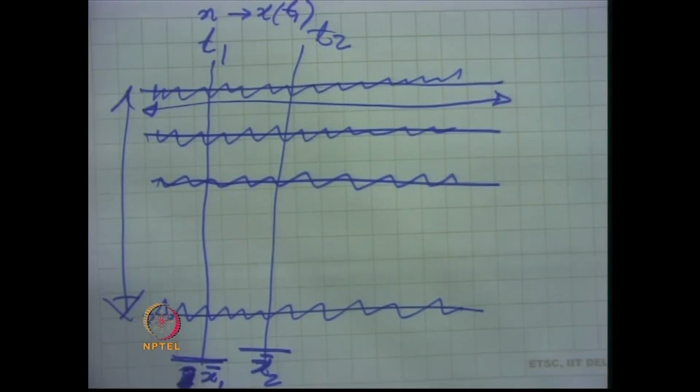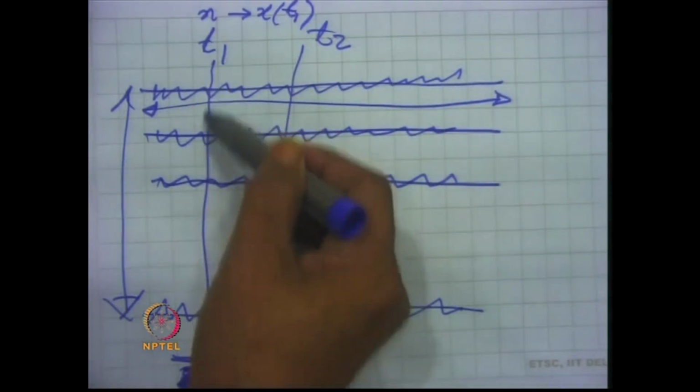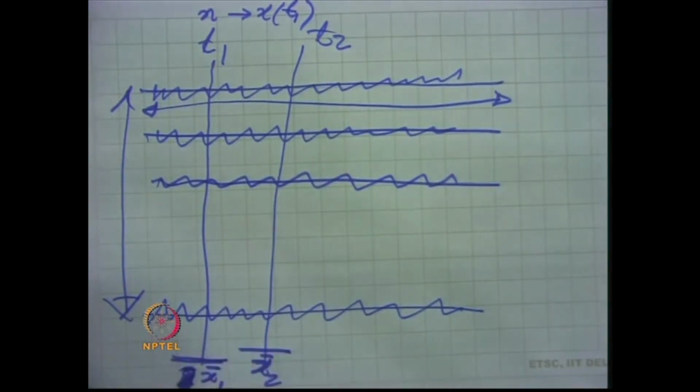Similarly, one can find the mean square value of the values of x(t1), x(t2), x(t3), and so on, and if these mean square values are again more or less the same, then we can say that the ensemble mean square value is invariant with respect to time.